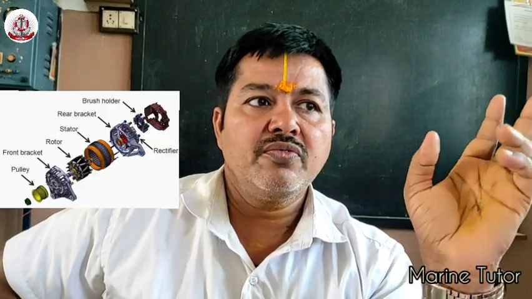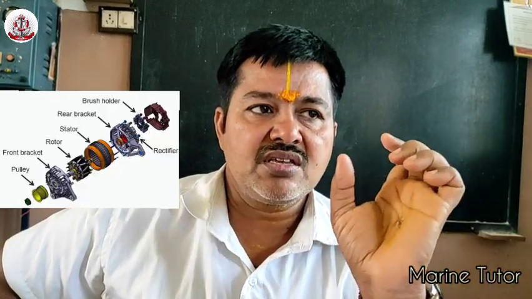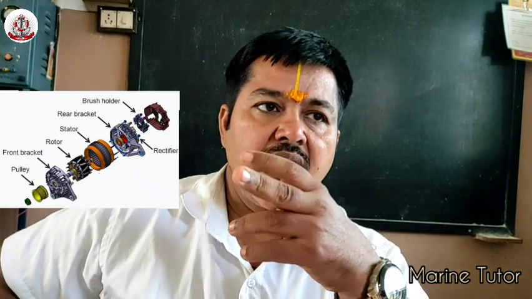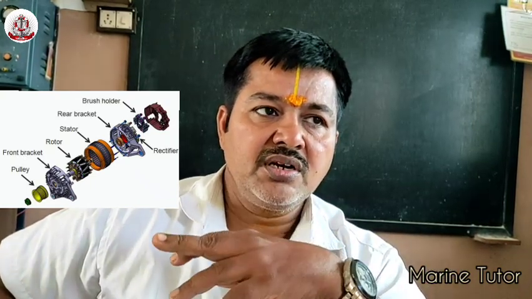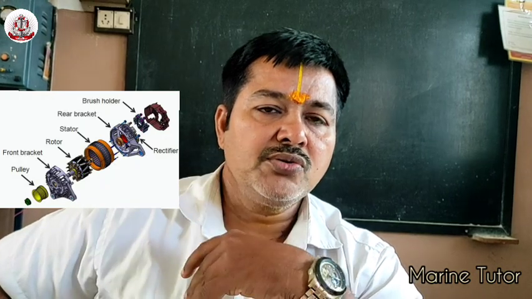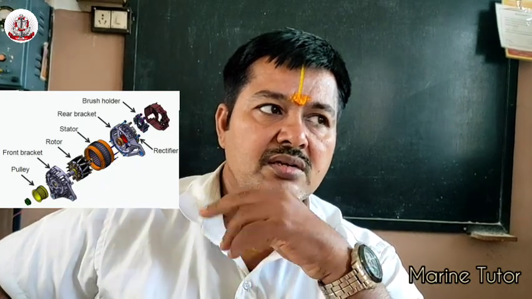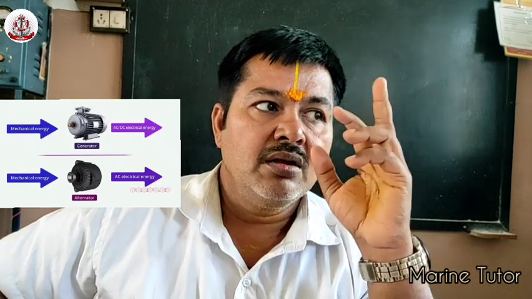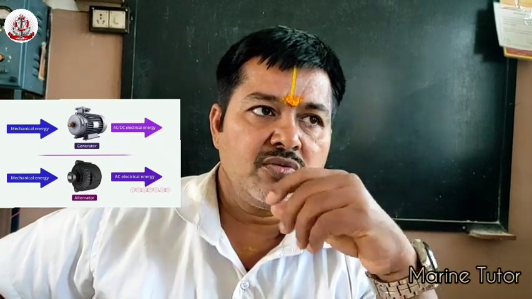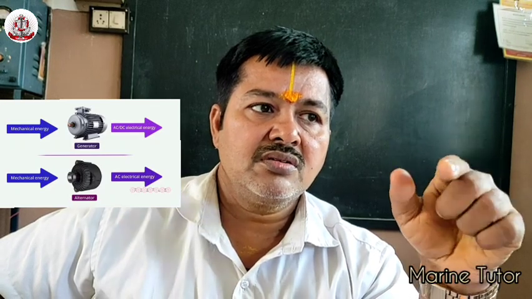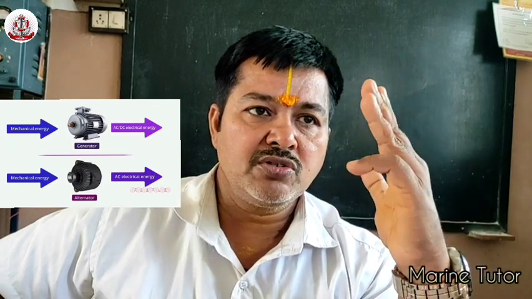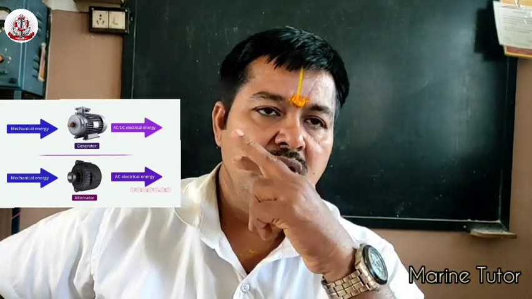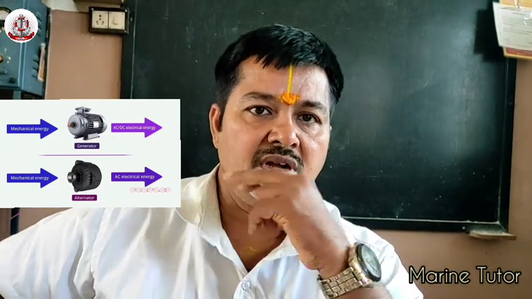It contains a turbine which is coupled with a generator, and that will produce alternating current. This alternating current works on a sine wave, that is, from 0 it goes to positive maximum and crosses 0, then goes to negative maximum, and again positive and again negative.